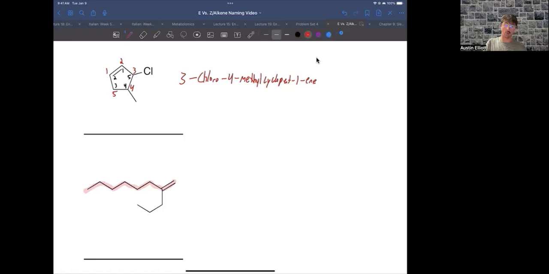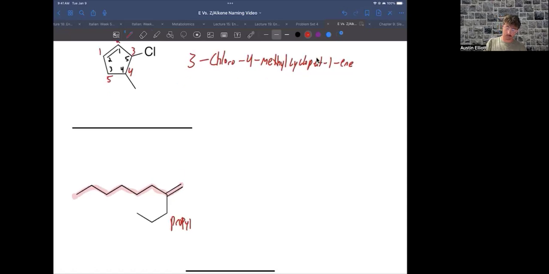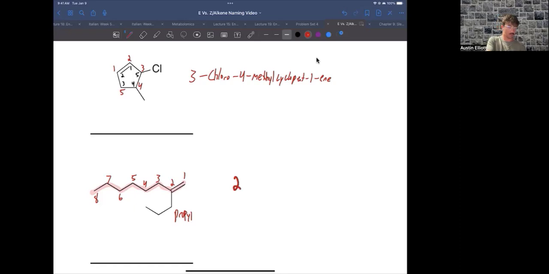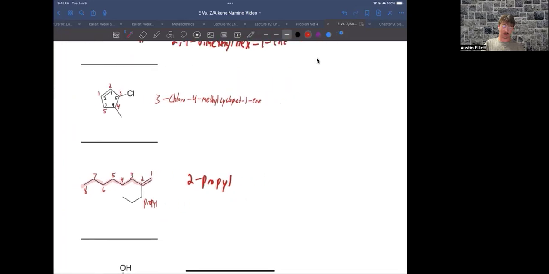And we're going to have a nice propyl group right here. So we're going to number 1, 2, 3, 4, 5, 6, 7, 8. And then we have a 2-propyl. And then the main chain is 8, so it's going to be oct-1-ene.